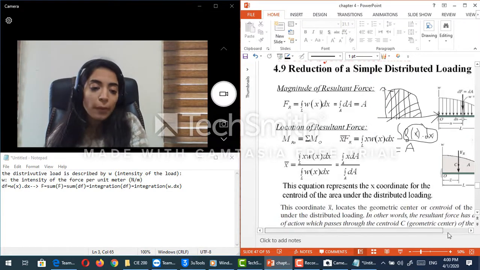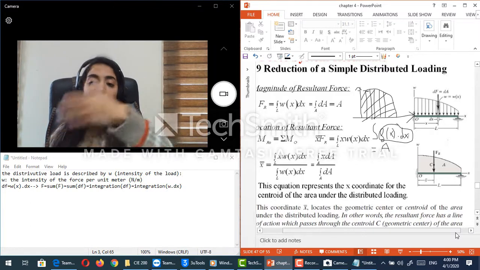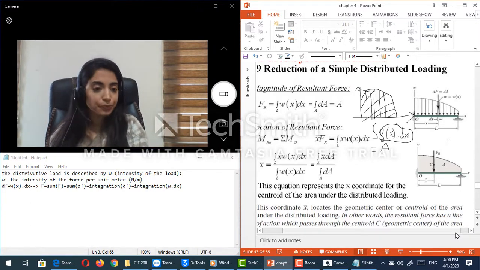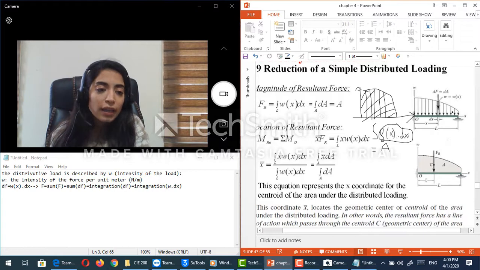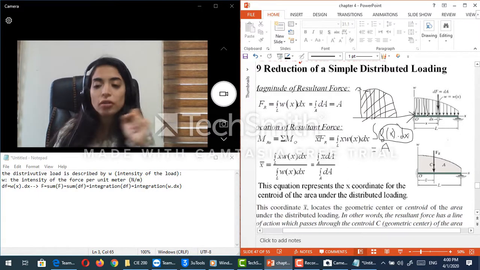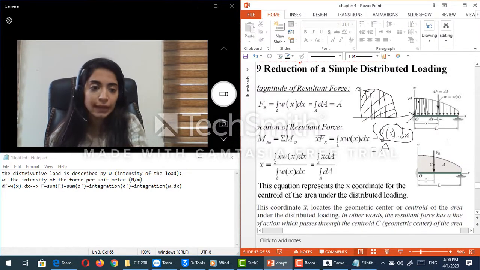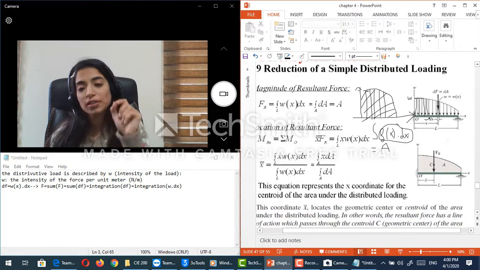And if I go to this special case here that illustrates any distributive load over a beam, I know guys that if I divide this area under the curve of omega into small differential areas dA, each dA should be equal to omega at this x here times this width here, which is dx.